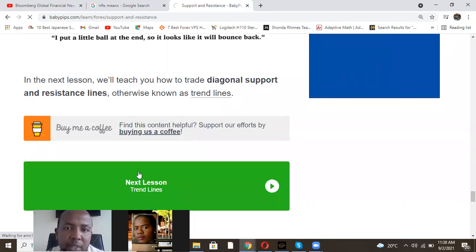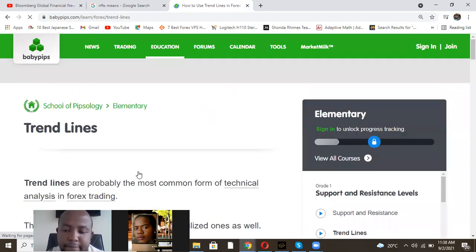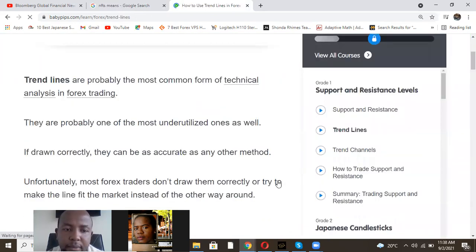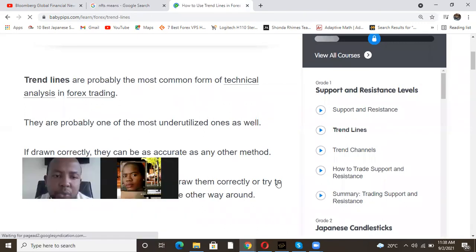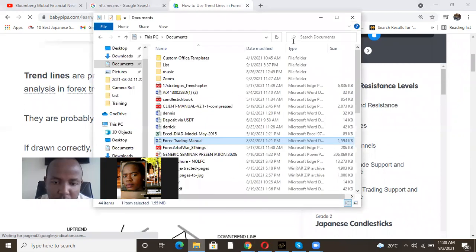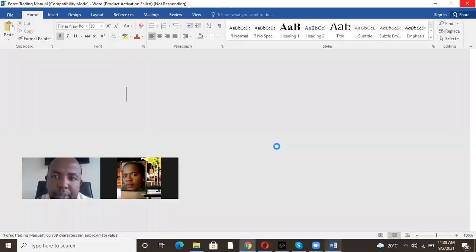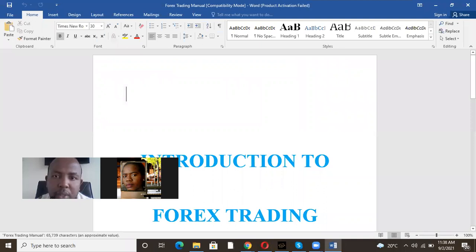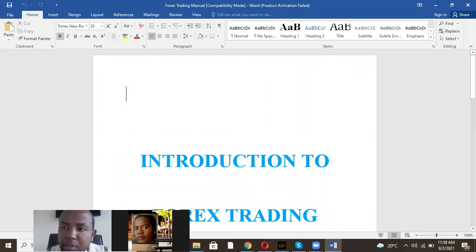So let's have a look. Trend lines are plotted like this. Let's go to practicals. Just a minute, I'm still waiting for this to open. Oh, it's here. This is our manual, which we usually use. So we are still going on. Let me see what we have on our manual on support and resistance.